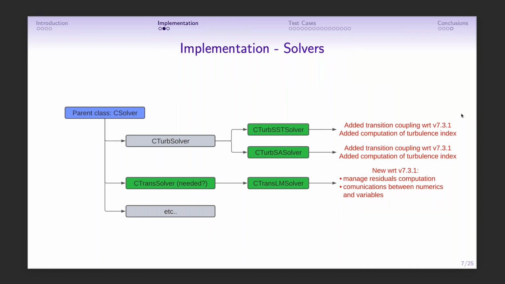We copy the turbulence solver, but in this case we also modify it in order to be able to restart the simulation. And we create the TransLM solver, which, as always, contains the management of the residual computation and also the communication between numerics and variables. And then we modify the SST and SA solvers, especially in the post-processing, in order to compute the turbulence index.